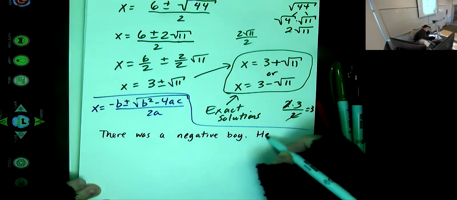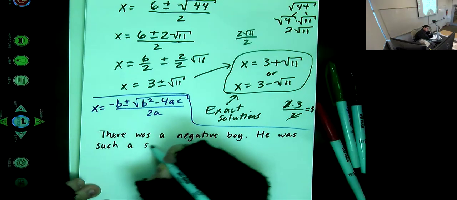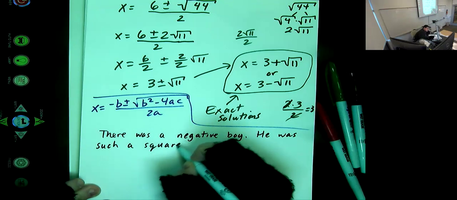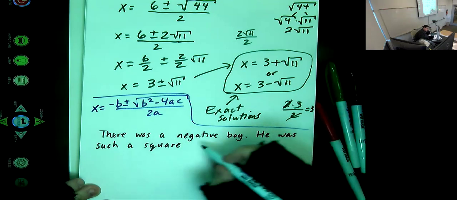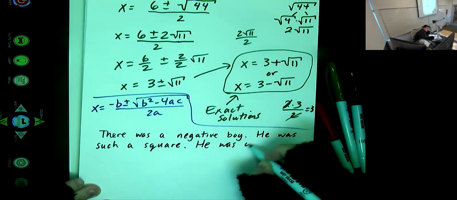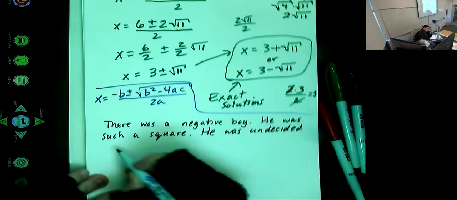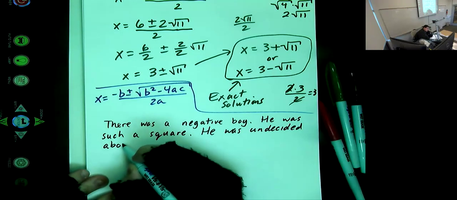He was such a square. He was undecided about going to this radical party.